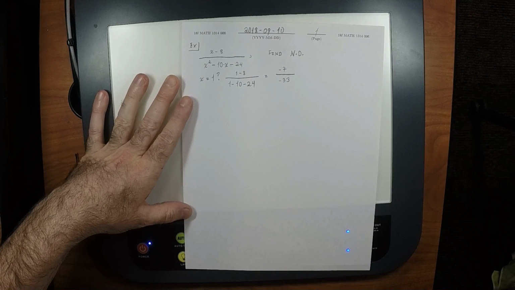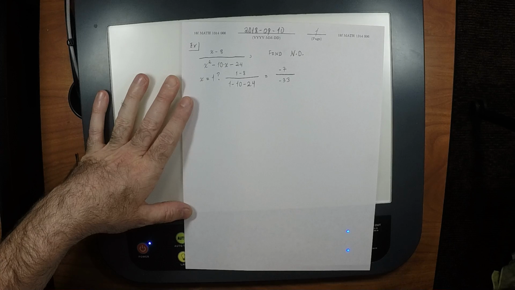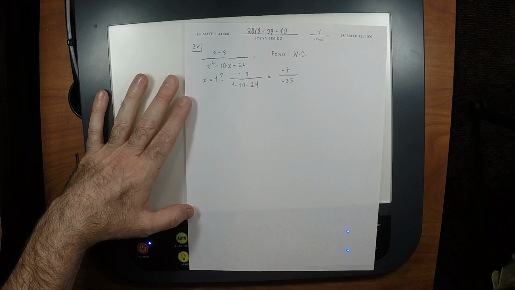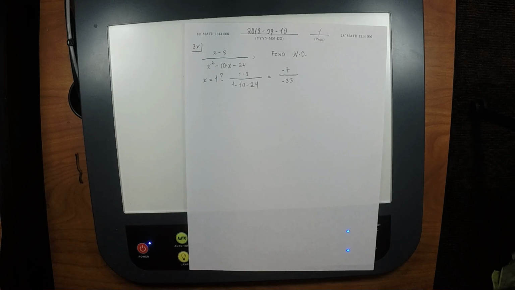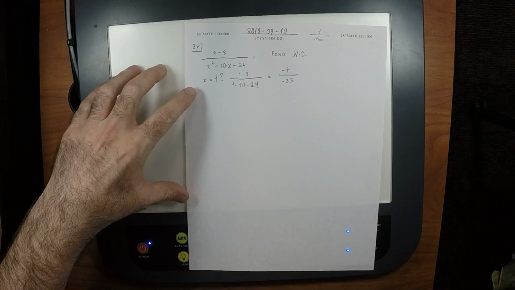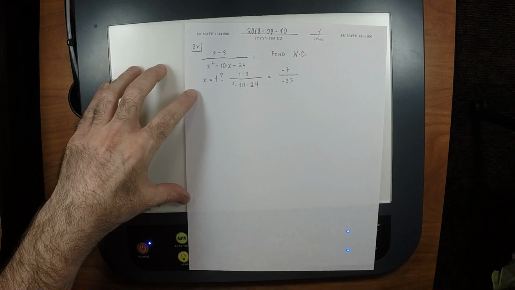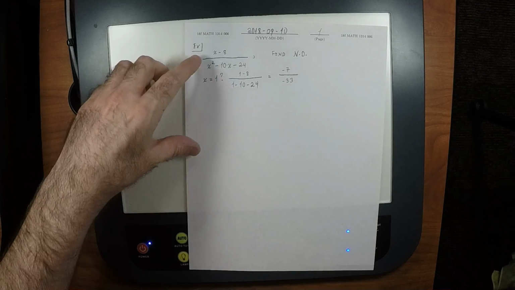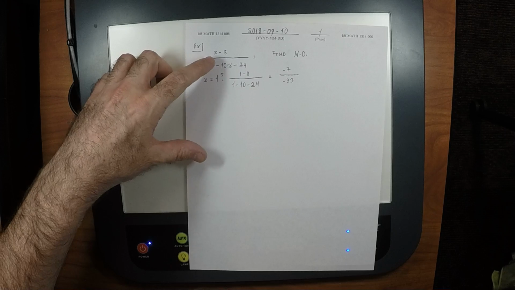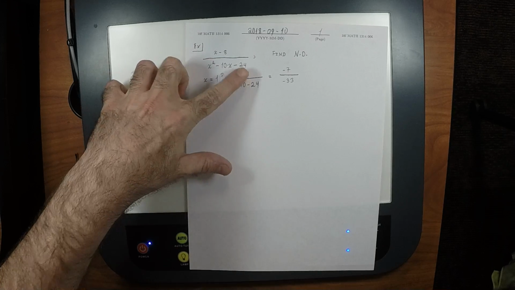Can you plug in any number whatsoever? Probably not. Because we've got a division here, what's the one number you cannot divide by? 0. So does that mean we're not allowed to plug in x is 0? Actually x equal to 0 is fine, because that'd be 8 over 24.